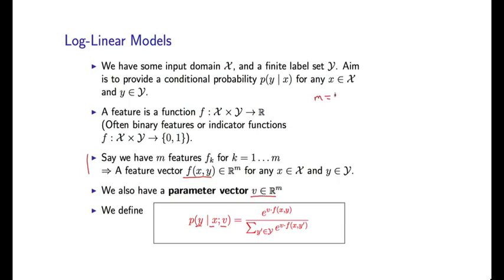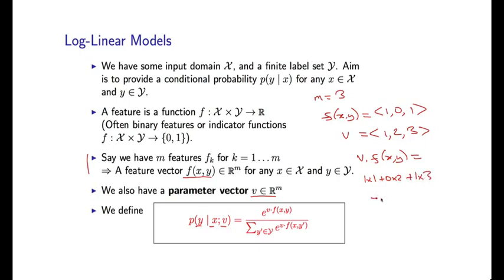So if m equals 3, for example, we might have f(x,y) equal to 1, 0, 1, and we might have v equal to 1, 2, 3. We can take the inner product of these two things, so v dot f(x,y) is equal to 1 times 1 plus 0 times 2 plus 1 times 3, so that is equal to 4.